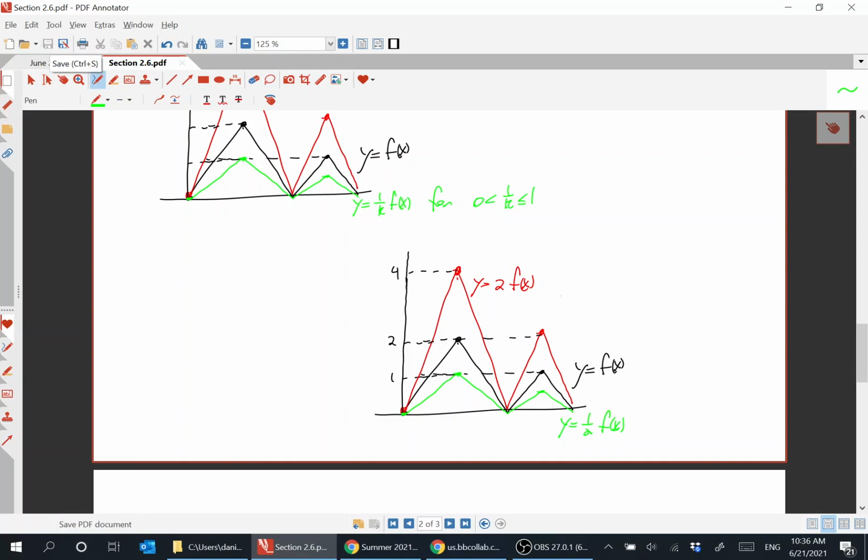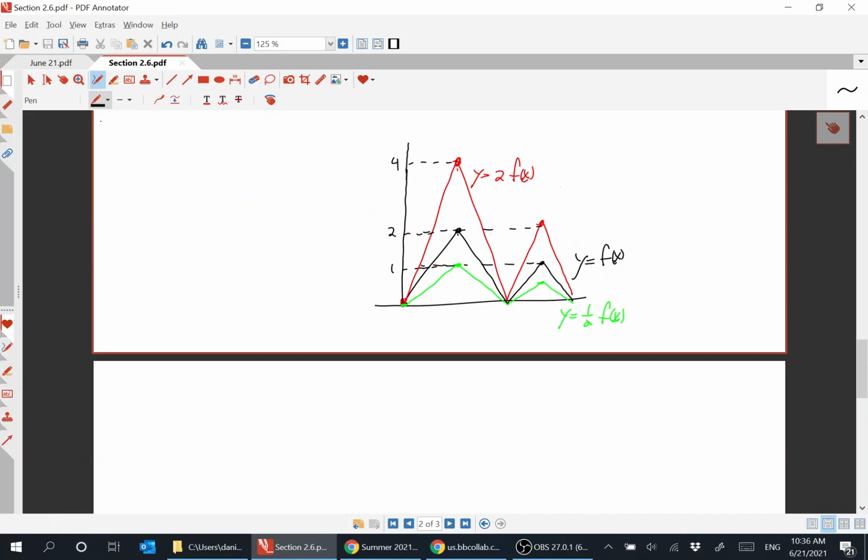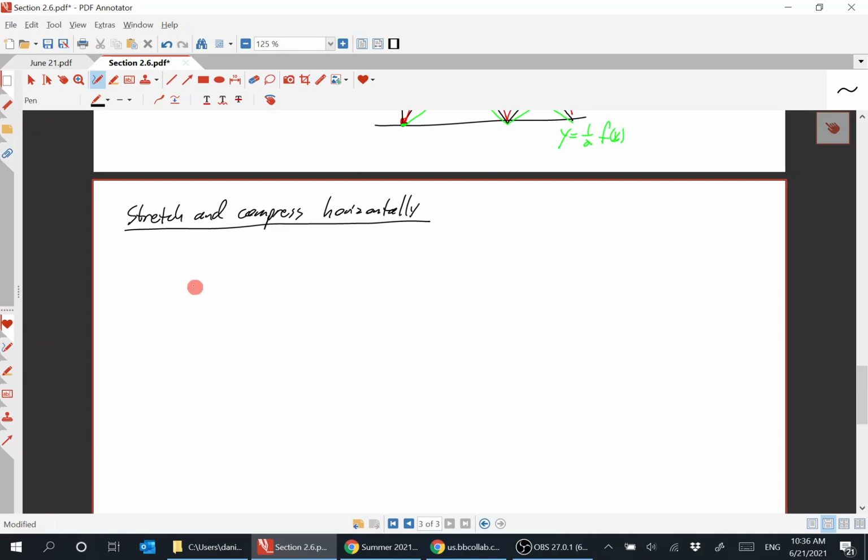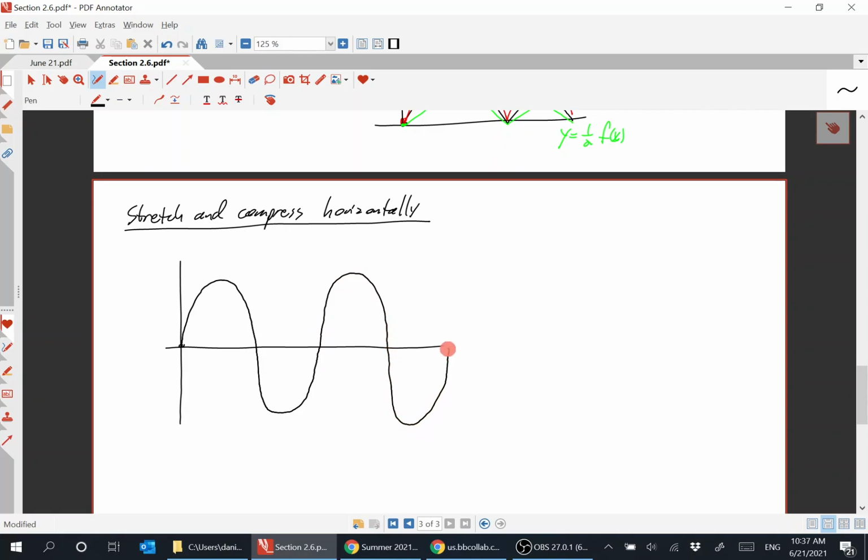All right, you can also stretch and compress horizontally. There is a famous function called the sine function, which you'll learn about in your trigonometry and pre-calculus class next semester.